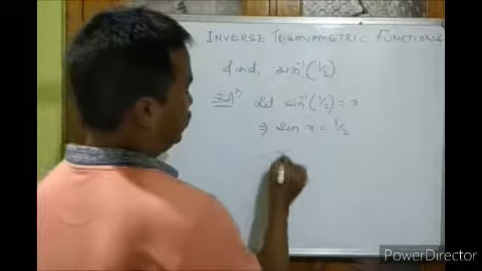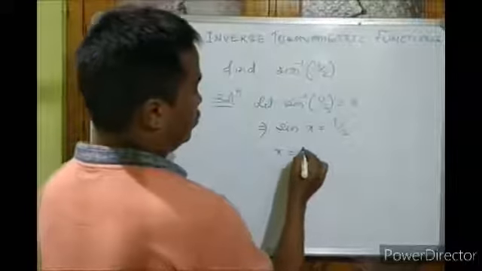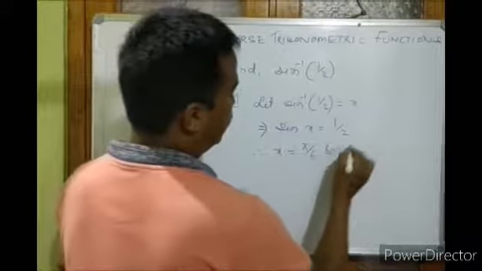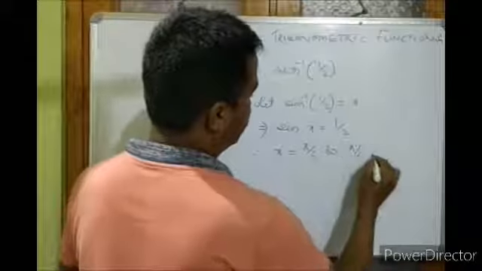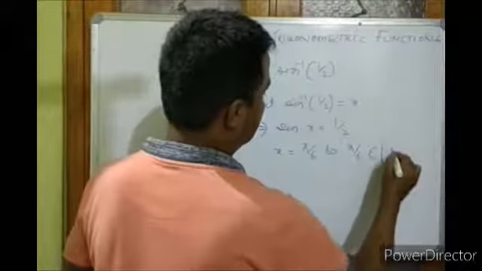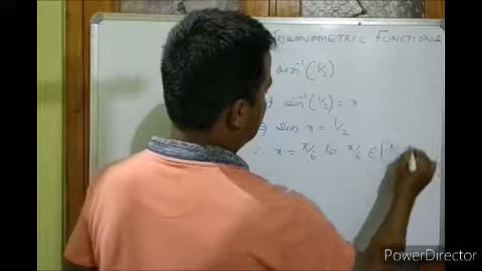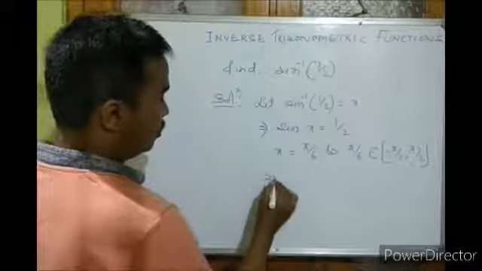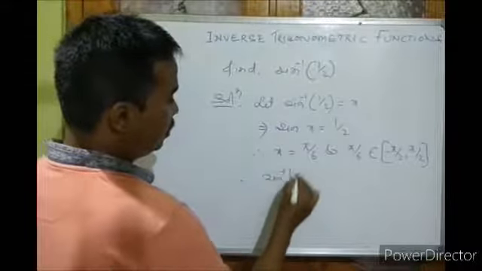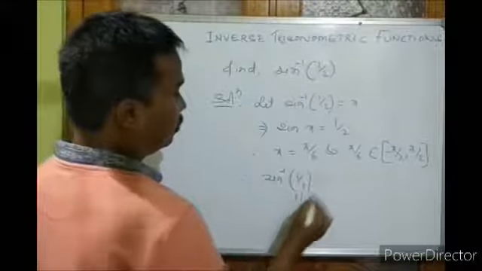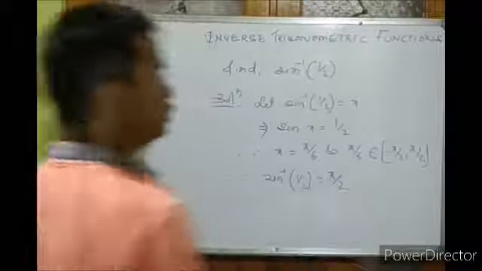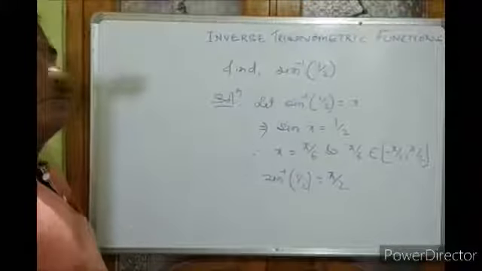Therefore x equals pi by 6, and pi by 6 belongs to the interval minus pi by 2 to plus pi by 2. Therefore sine inverse half is equal to x, and the value of x is pi by 6, so the answer is pi by 6. In this way we work out examples.